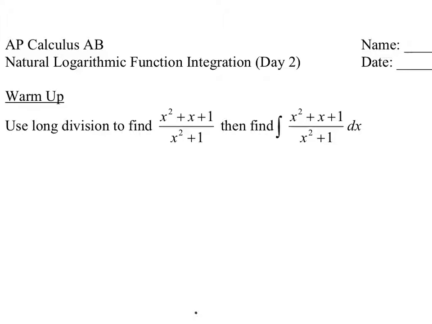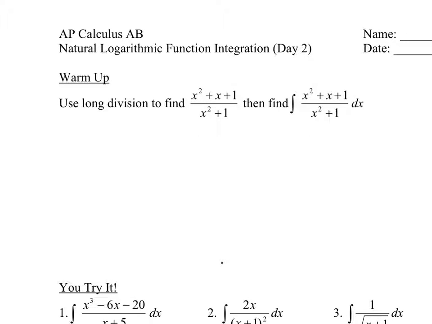Okay? So when you run into a problem like this, basically the strategy is to try to divide this out in order to get stuff that we are able to take the integral of.